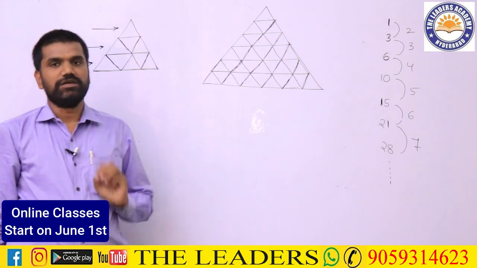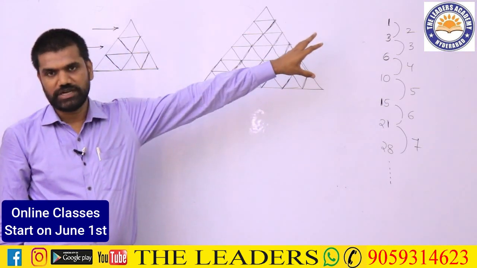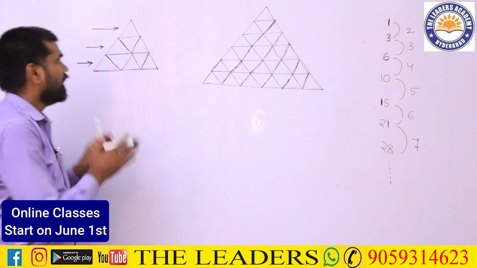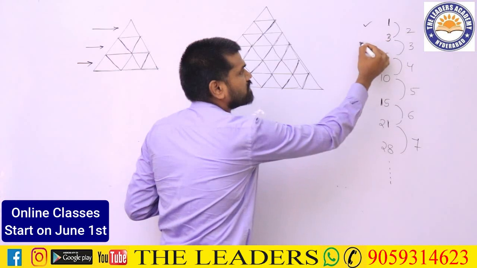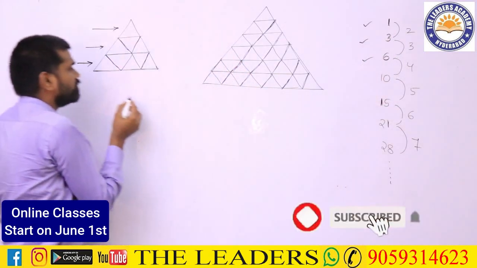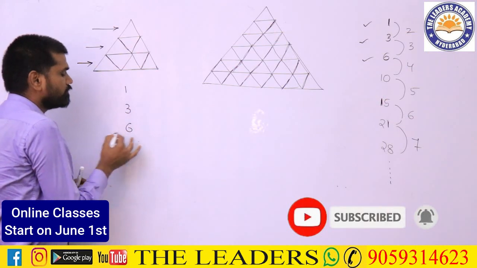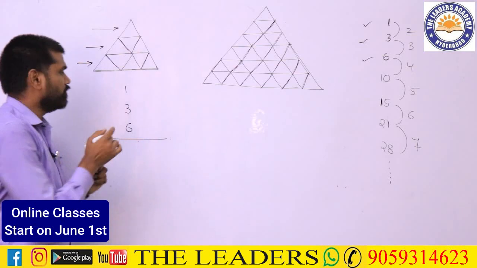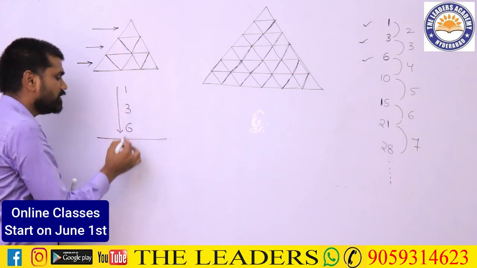If you have 3 layers, pick 3 numbers from that sequence starting with 1 and write them here. So the 3 numbers are 1, 3 and 6. What you have to do here is simply add vertically. So the vertical sum is 10.